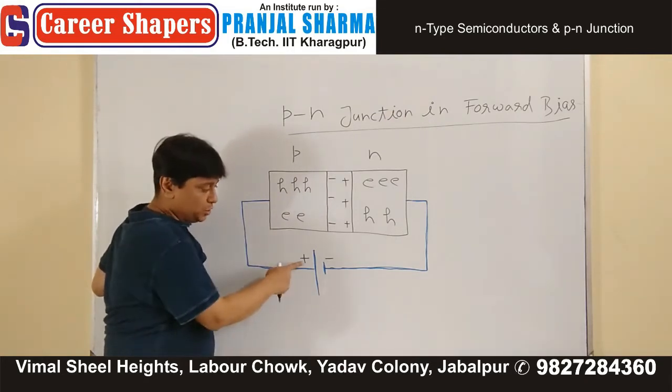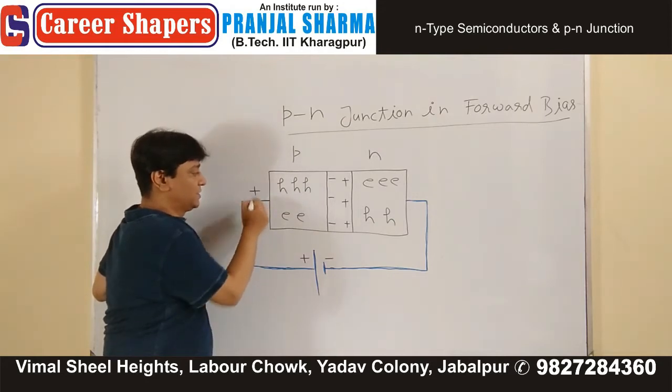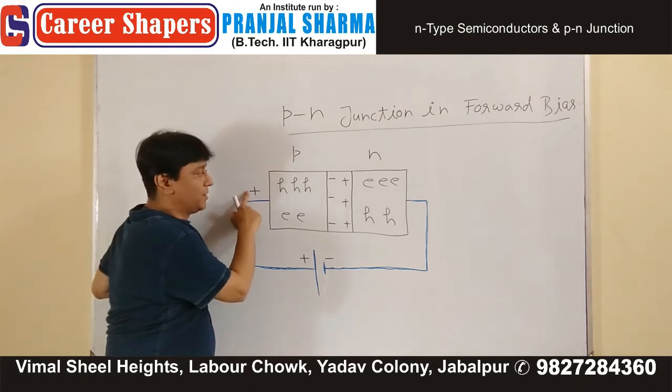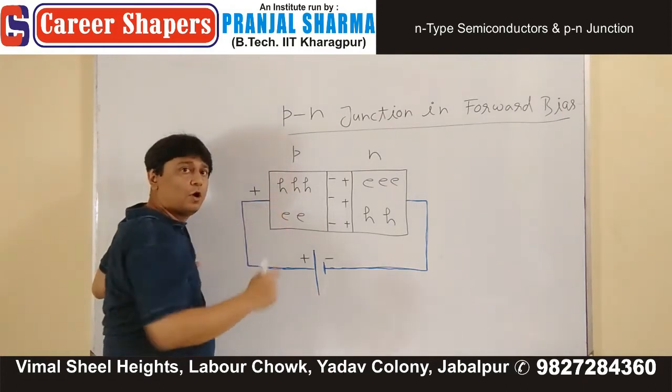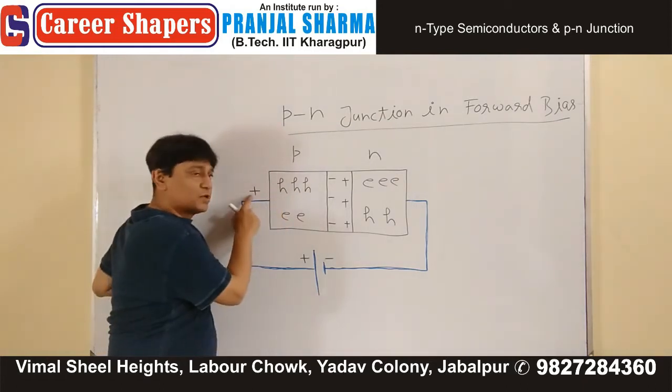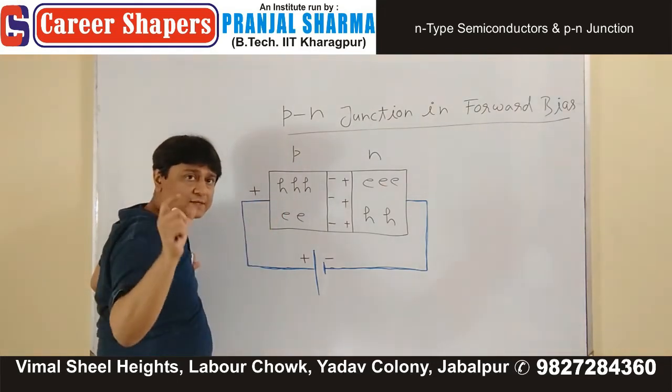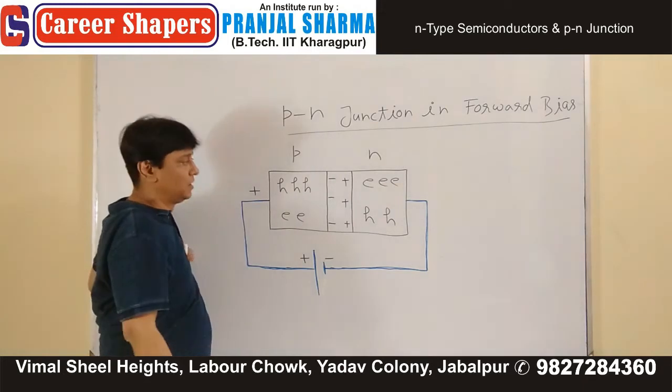But once you connect this positive terminal, its positive potential is going to repel this hole, or you can say this positive terminal now can give it that extra 1 joule of energy.